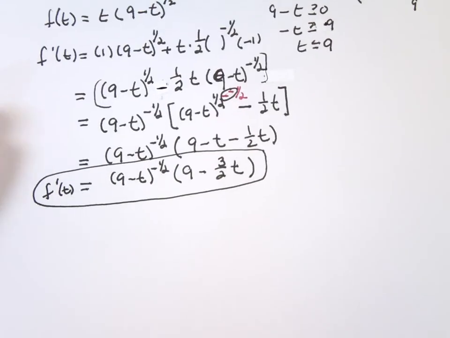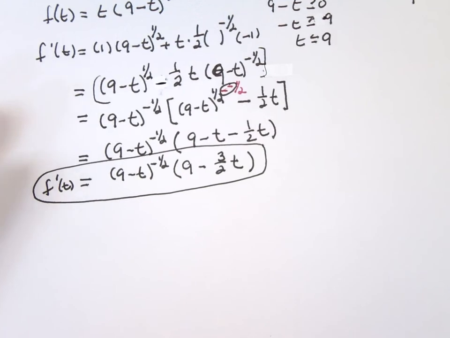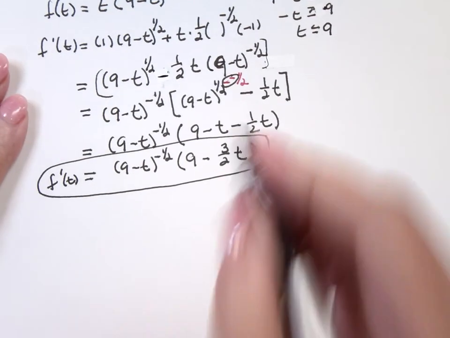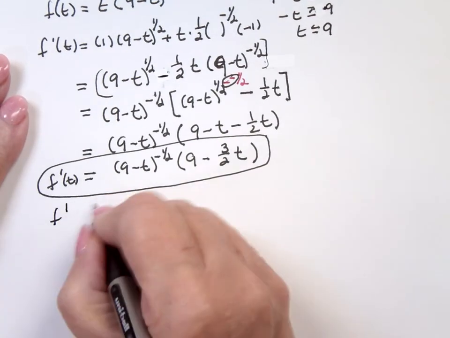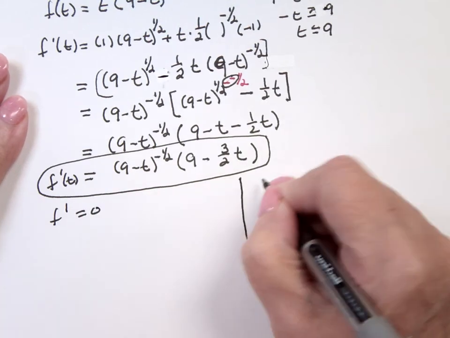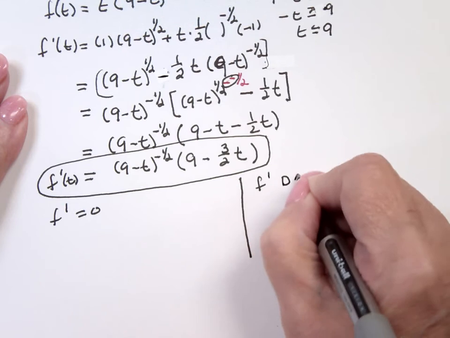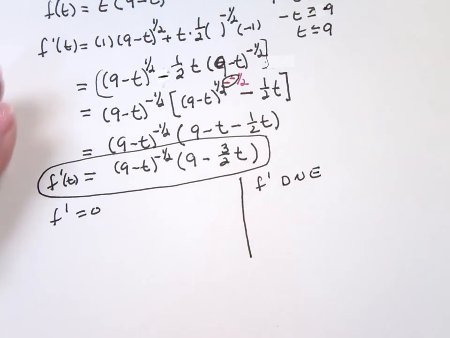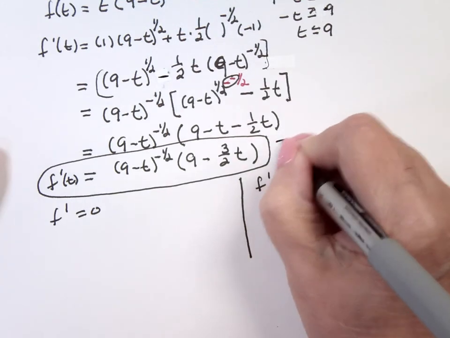Now what do I want, other than to run screaming from the room? I want to know where f prime equals 0, and I'm going to divide my paper in half, or where f prime does not exist. Now there's one thing I do need to do with this derivative.